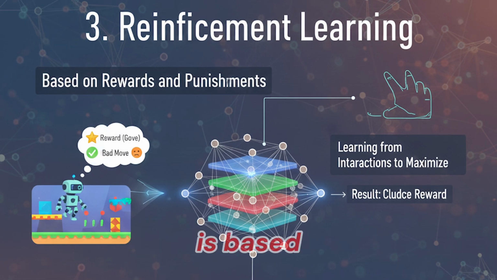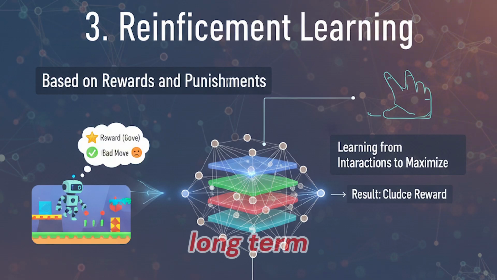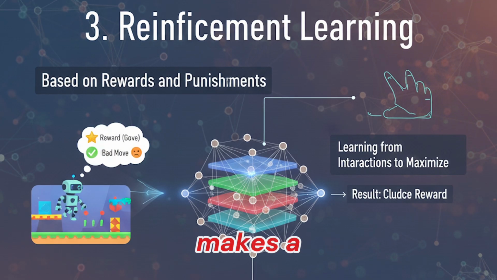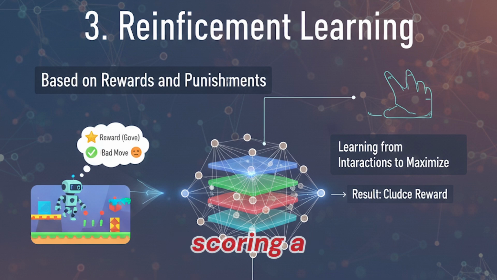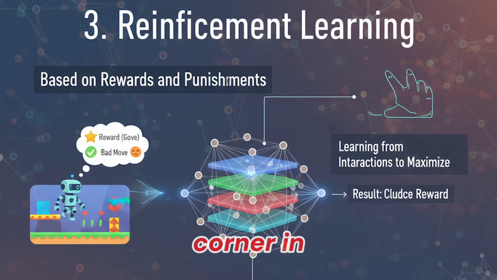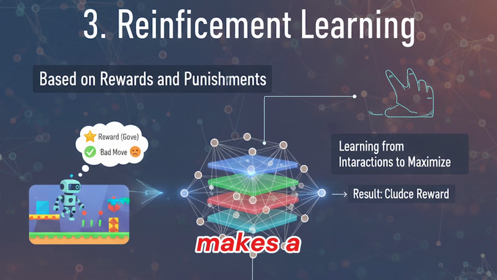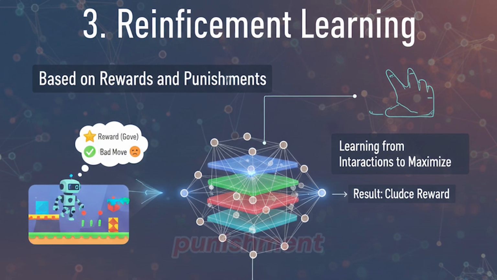Three, reinforcement learning is based purely on rewards and punishments. The AI, often called an agent, learns by interacting with its environment, aiming for a specific long-term goal. If it makes a good move, for example, scoring a point in a video game or successfully navigating a corner in a simulation, it gets a positive reward. If it makes a bad move, it gets a negative punishment.